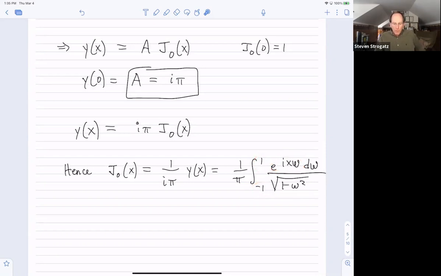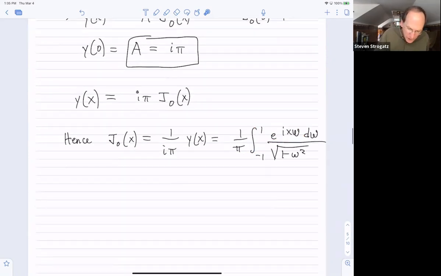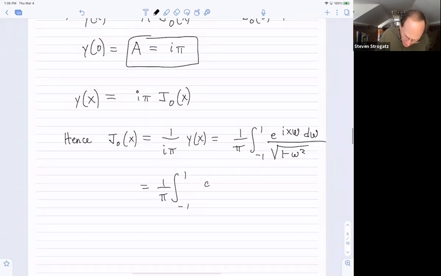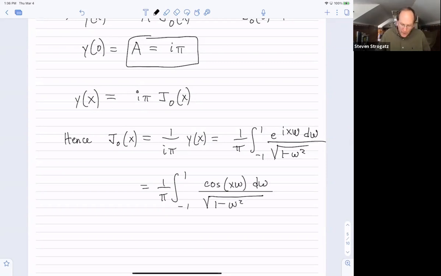So the imaginary part will cancel out, and this is just going to reduce to 1 over pi, something that's manifestly real, as it should be, cosine of xw dw all over square root of 1 minus w squared.